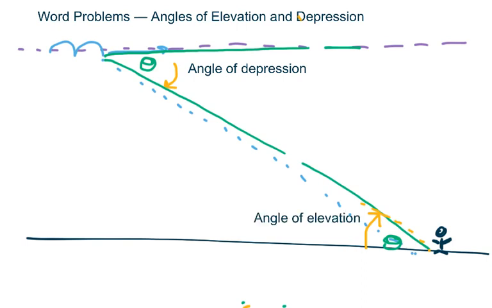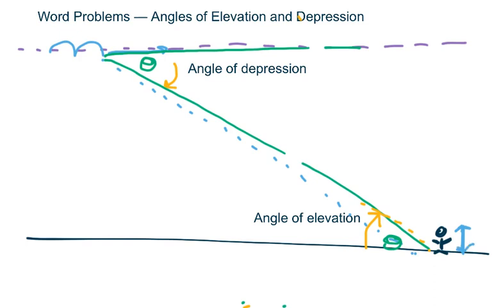Again, just remember it's from the horizon up, but if you wanted to say that the angle of elevation was from the top of your head up to the bird, well, then you'd have to add your own height.